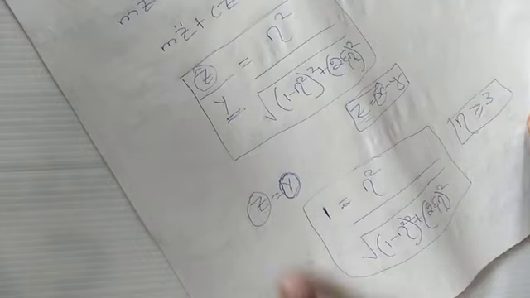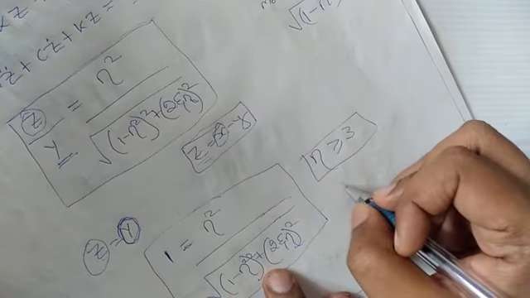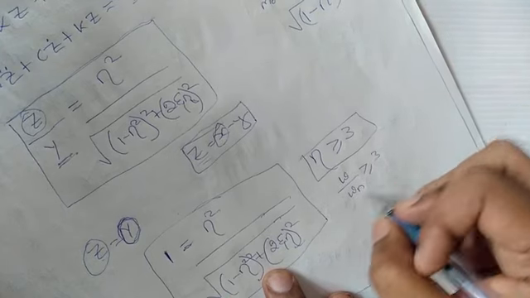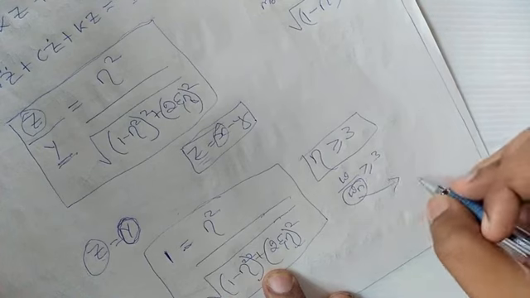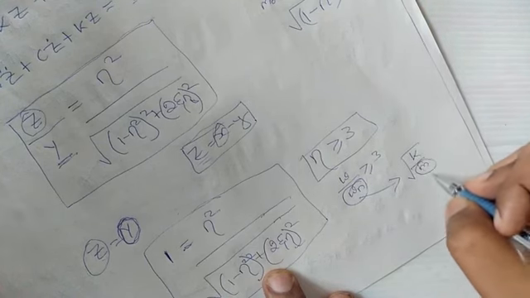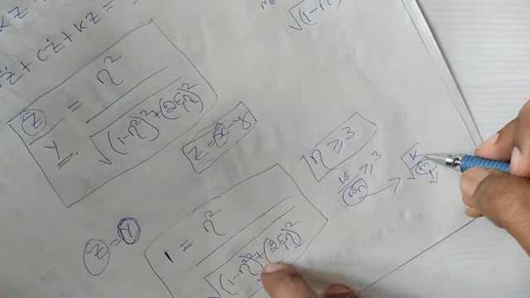So however much this machine vibrates, that much you are measuring. This is satisfied only when omega by omega n, which is eta, is greater than or equal to 3. What is omega n? Omega n is the root of k by m. M is the seismic mass, and k is the stiffness of the spring you used for making that vibrometer.